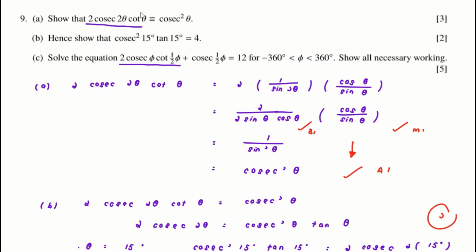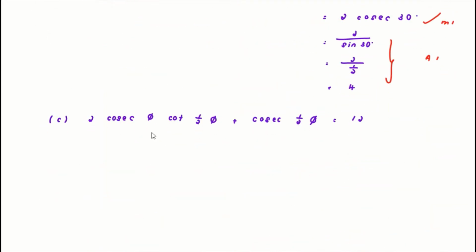So this divide by 2, this one divide by 2, so this thing also divide by 2. So now we use this to substitute into this part and we change it to cosecant squared 1 over 2 phi. Okay, so I hope that you get what I mean here. So let's substitute here, then we get cosecant square 1 over 2 phi plus cosecant 1 over 2 phi equals 12.